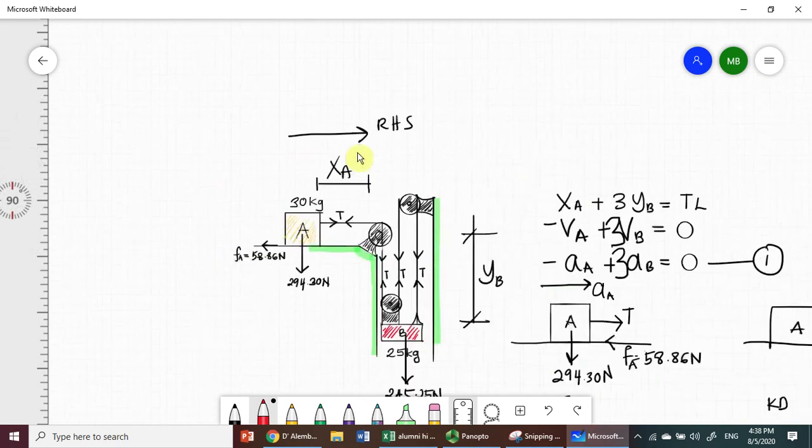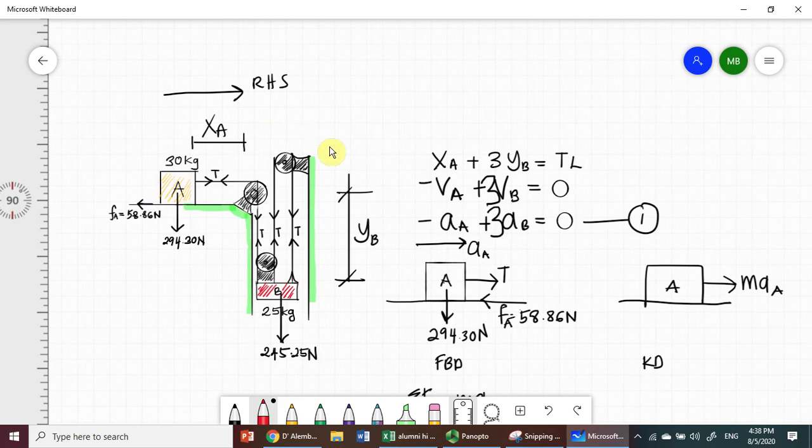With that, you come up with the position equation xA plus 3yB equals total length. When you differentiate position, you get velocity. The reason there is a negative for velocity A is that when block A moves to the right, the cable length xA reduces. When the cable length decreases, our velocity will be negative, and vice versa.